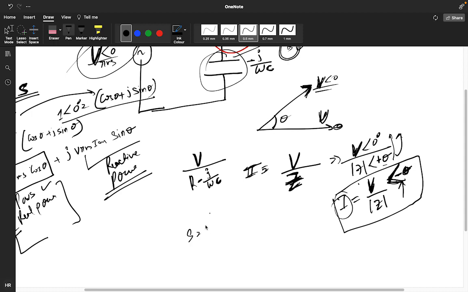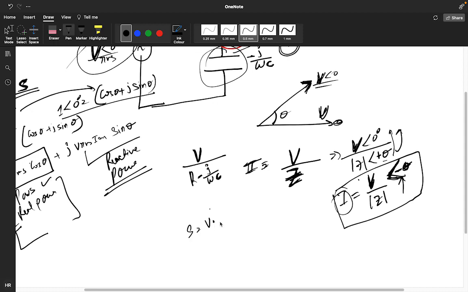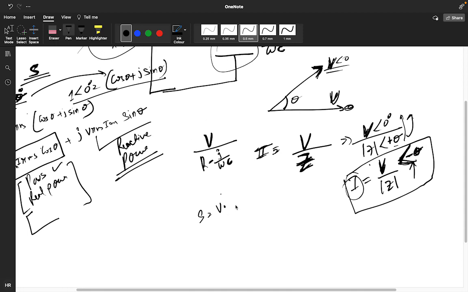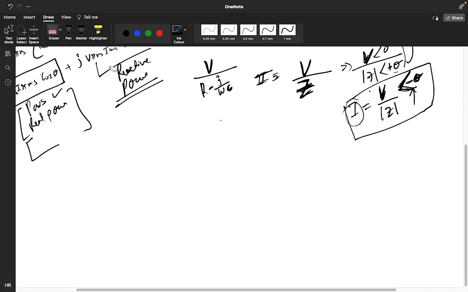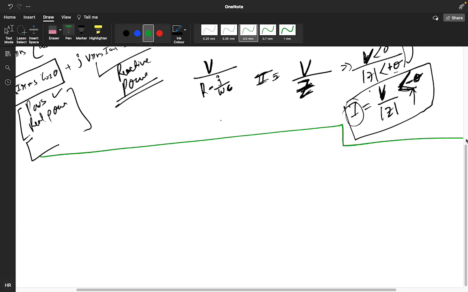So S is equal to what? V into... Actually, remember this point for finding the value of S. Now, this is very much important. You just note it like this. I'm just telling you, S is equal to V into I conjugate.